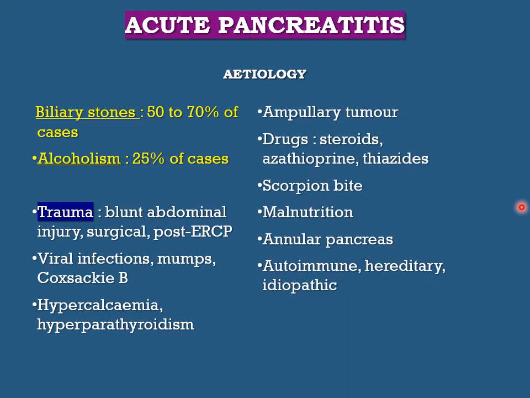The other less common causes include obstruction of the pancreatic duct, such as ampullary tumors, drugs, especially steroids, azathioprine and thiazides, scorpion bite, malnutrition, and annular pancreas causing obstruction of the pancreatic duct, and autoimmune or hereditary pancreatitis, and another small group of cases falls under the idiopathic group.